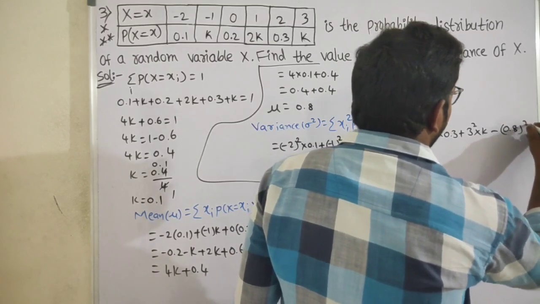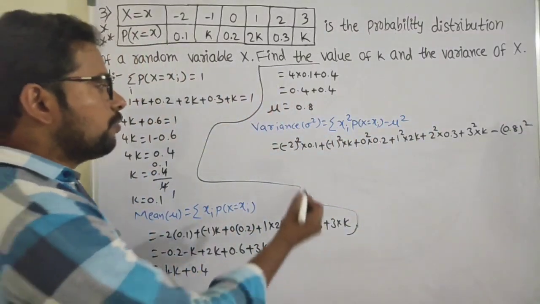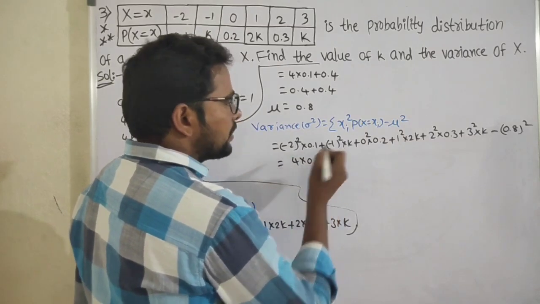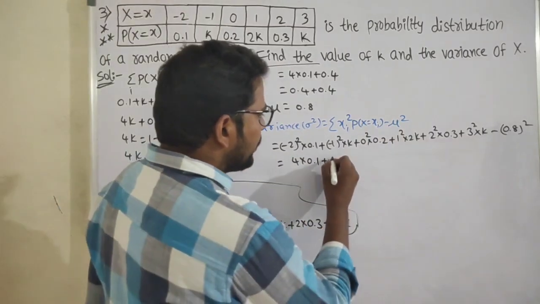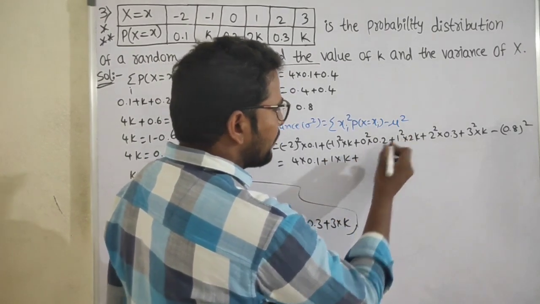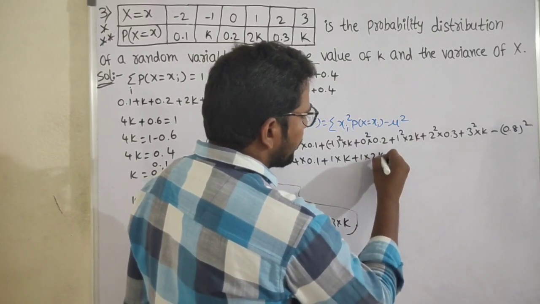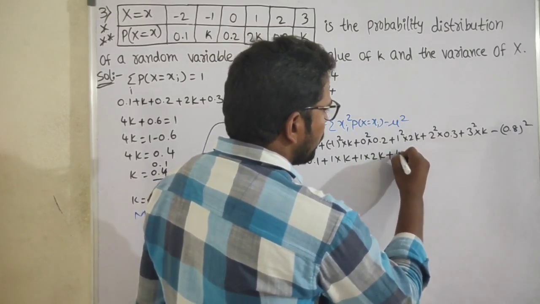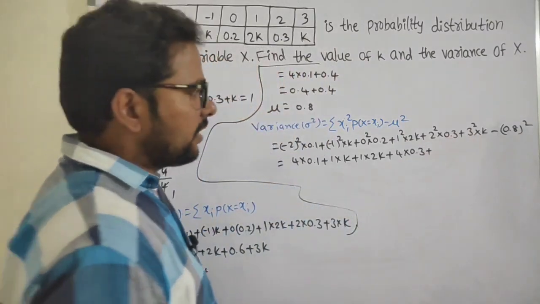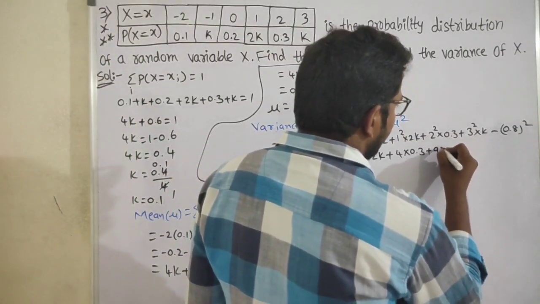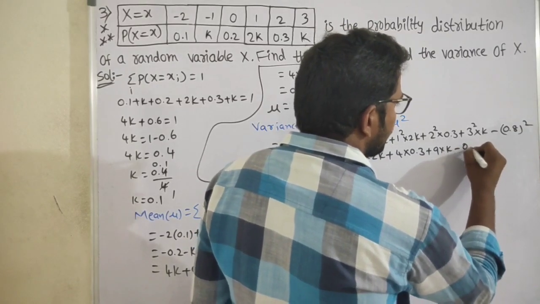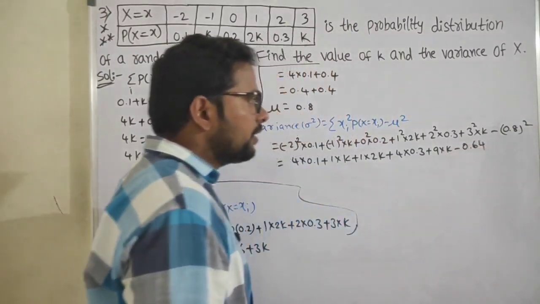(-2) square is 4, so 4 into 0.1, plus 1 into k, plus 0, plus 1 into 2k, plus 4 into 0.3, plus 9 into k, minus 0.8 whole square, which is 0.64.